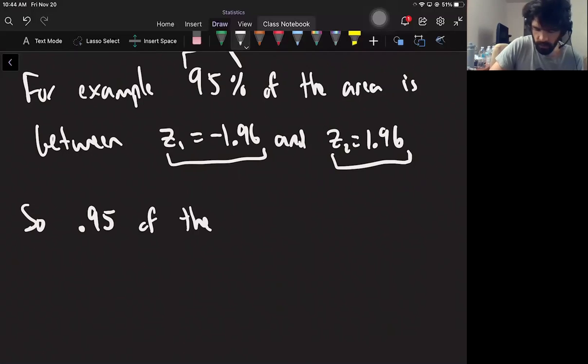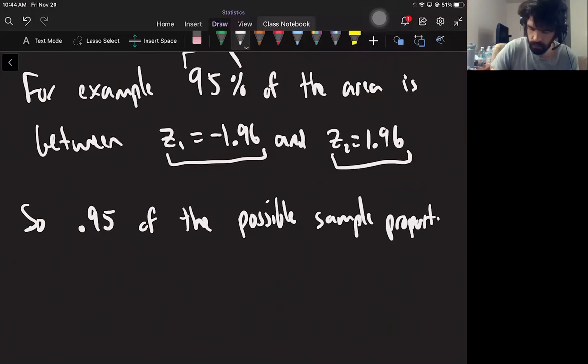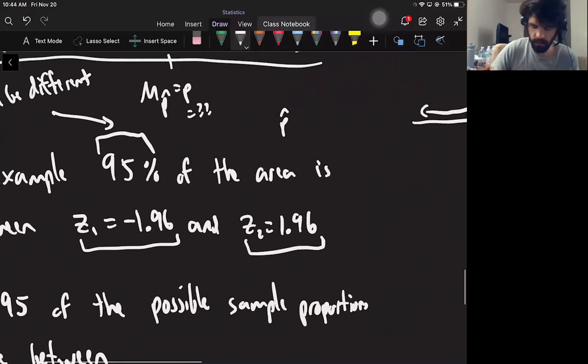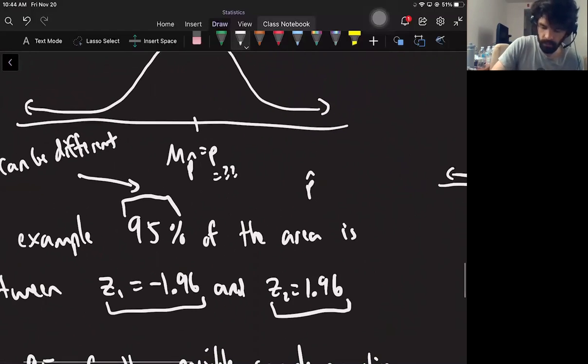So 0.95 of the possible sample proportions, p hat, are between, well, I have to translate my z-scores into actual data points on this distribution. So what are these two data points?